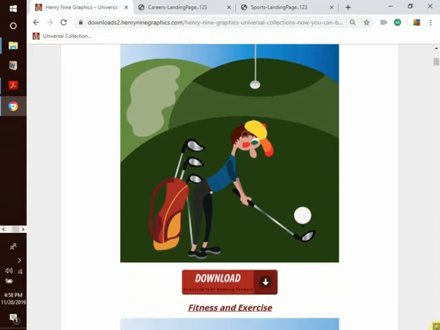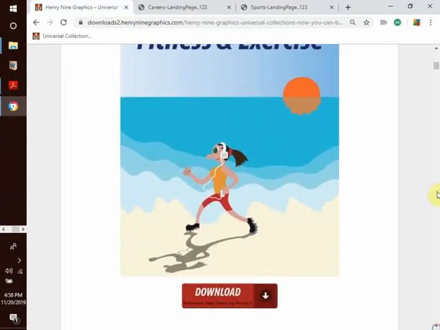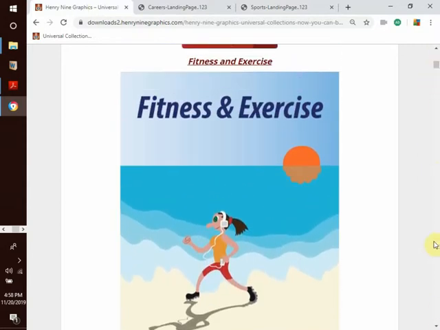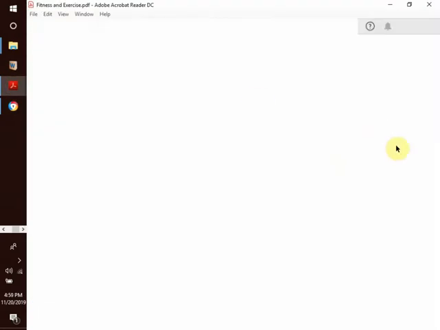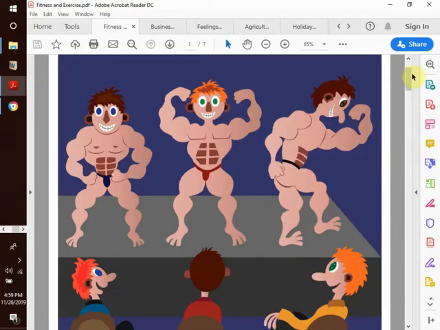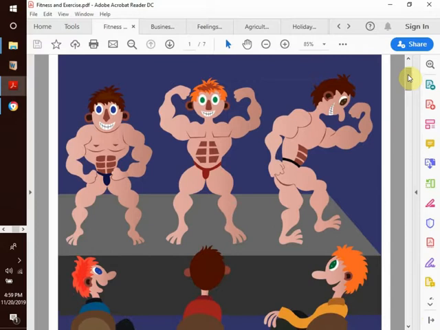So we move to our next topic, which is fitness and exercise. Fitness and exercise is also another topic we have in our collection. Maybe you want to do some bodybuilding or just want to go to the gym to do some exercises to get a six pack or get ripped and show off your abs and muscles to your friends, the biceps and the triceps.